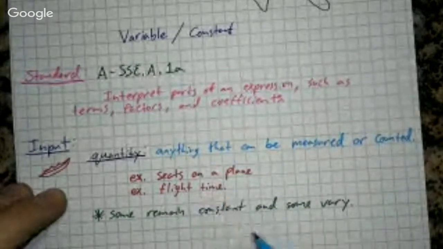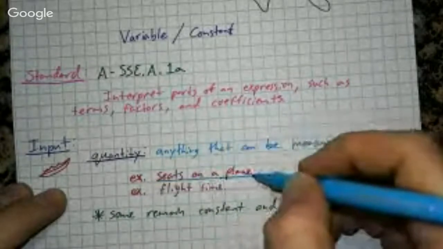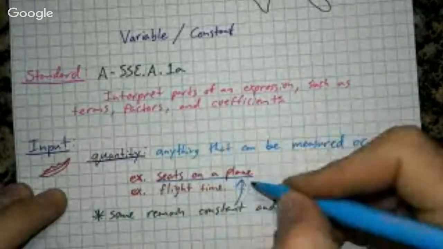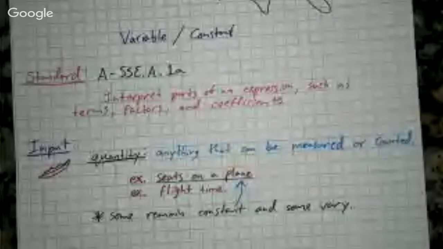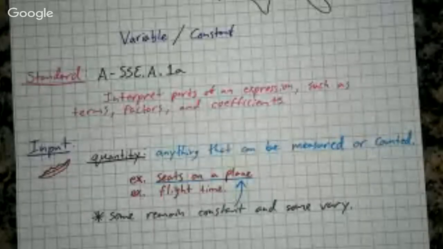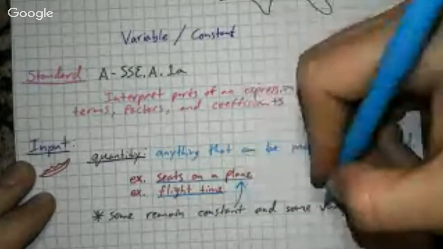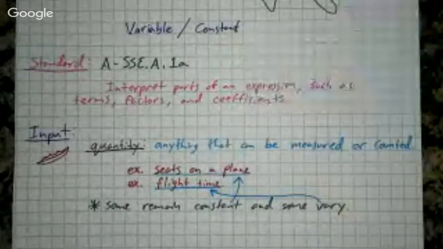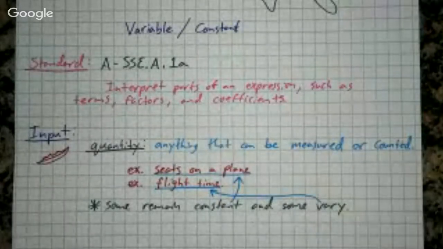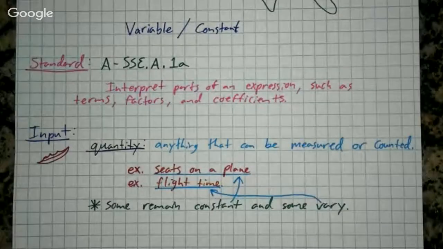Seats on a plane, that is very constant. You make a plane with a certain number of seats on it. It is constant. Flight time is definitely not constant. Flight time varies very much sometimes. So those are the 2 types of quantities we're going to be talking about: constants and variables. Constants always stay the same, variables differ.